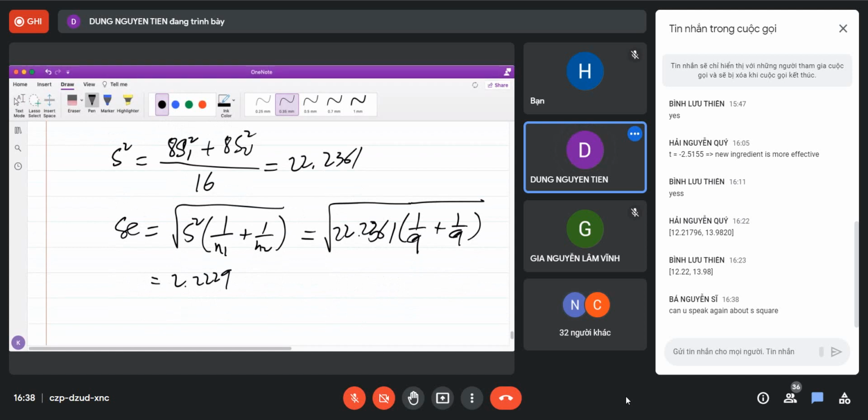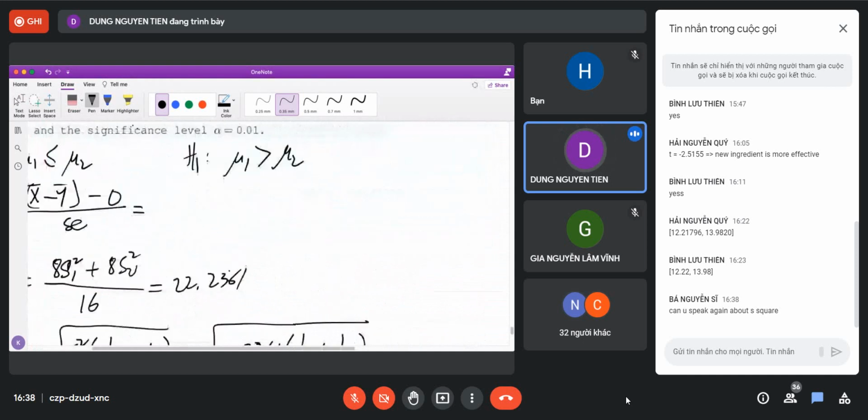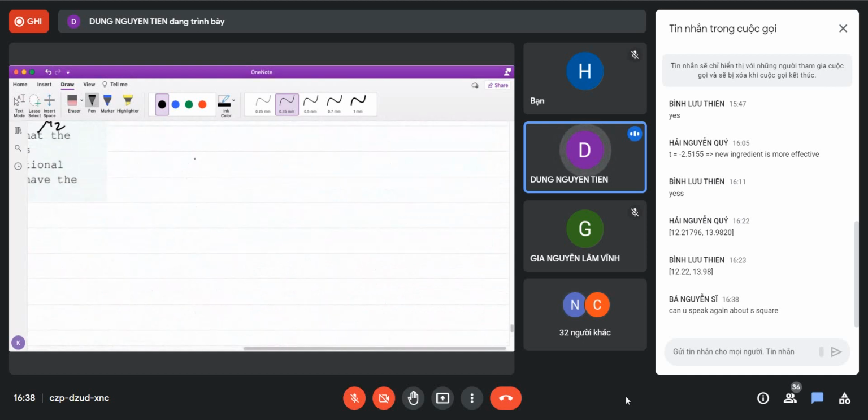The S square. Oh, the S square. Let's say you come up with the S1 square, and you use this one to approximate sigma 1 square. You use S2 square to approximate sigma 2 square. That is very normal.